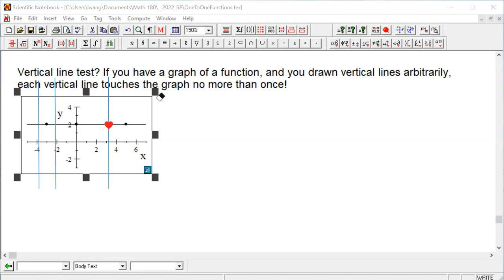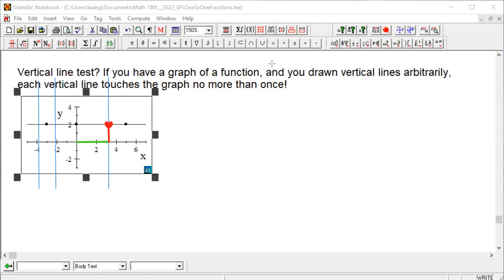The input and the output. And the output, if it touches no more than once, that means the maximum it touches once. That means what? The output is unique.